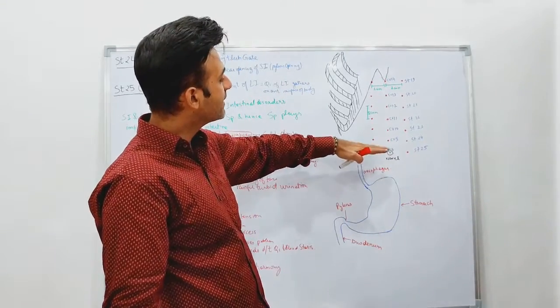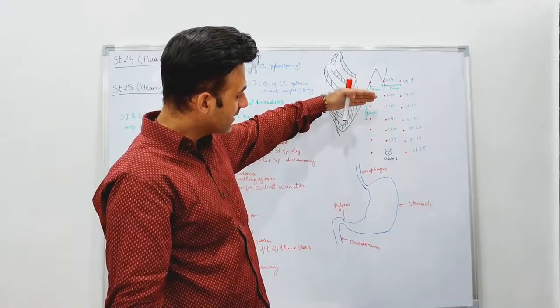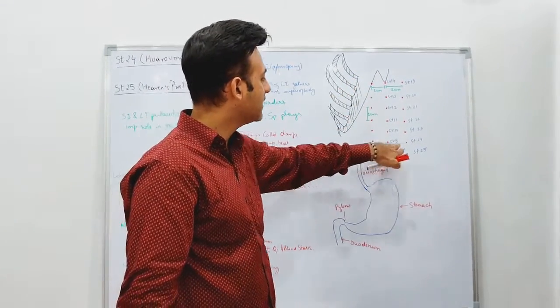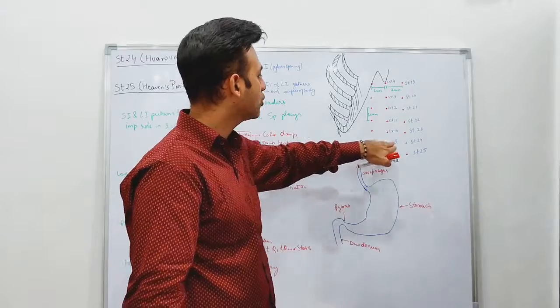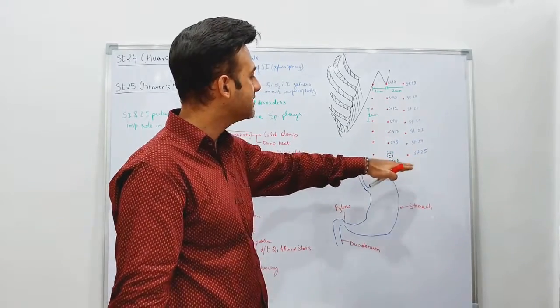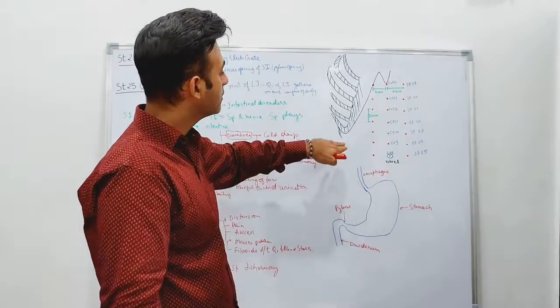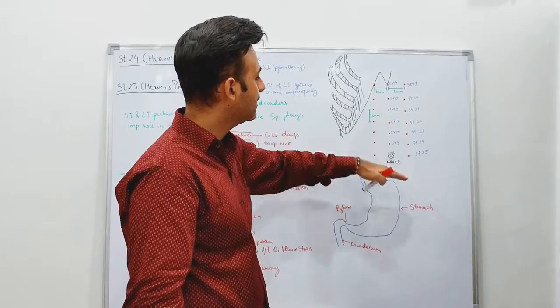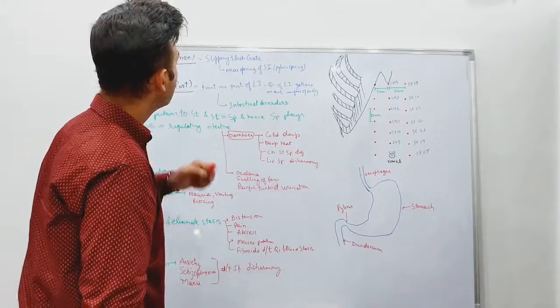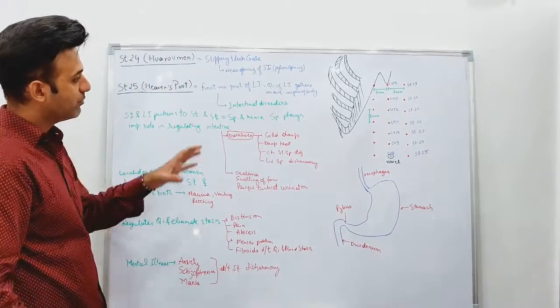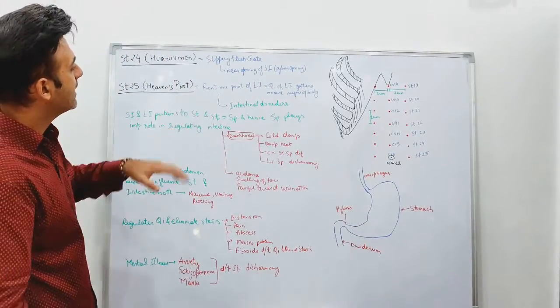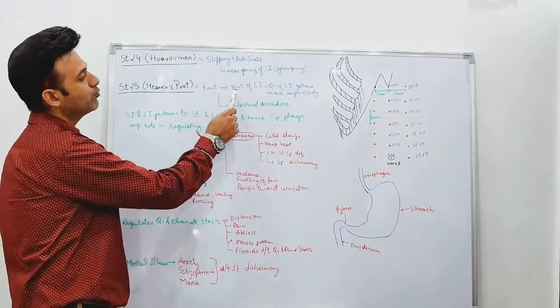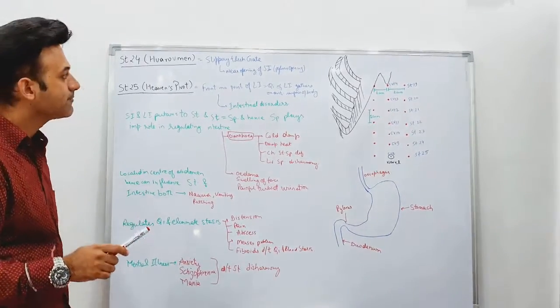The TCM perspective is that the upper is heaven, the center portion is occupied by man, and the lower is earth. So this point acts as a pivot between heaven and earth, and hence the name. Now the most important function of this point is that it is the front mu point of the large intestine.